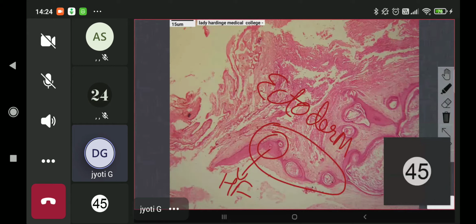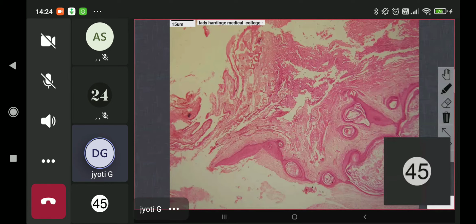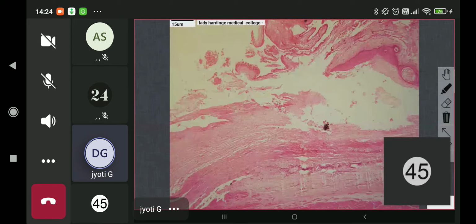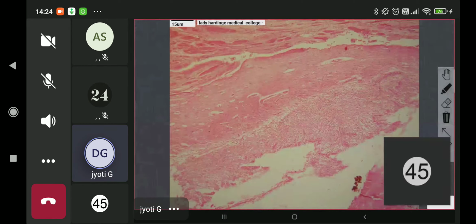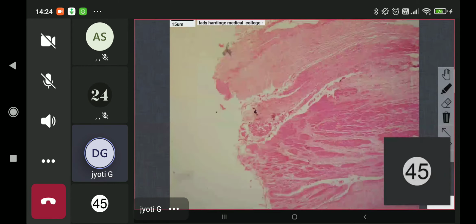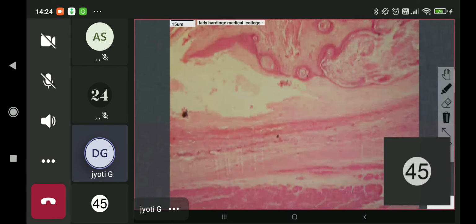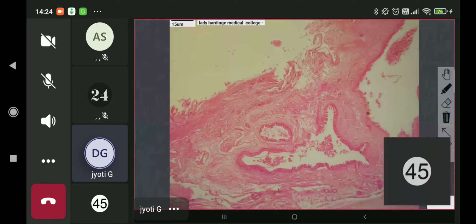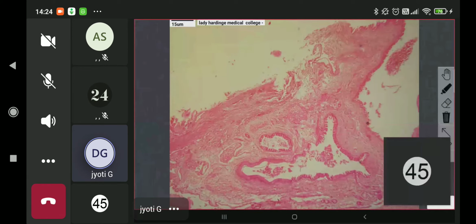I'll show you a slide of dermoid cyst. There you can see lots of sebaceous glands also. So all this is skin-like tissue which is derived from ectoderm, right? Now I will show you endoderm. So you will see different kinds of glands. Here. Can you see these glands?